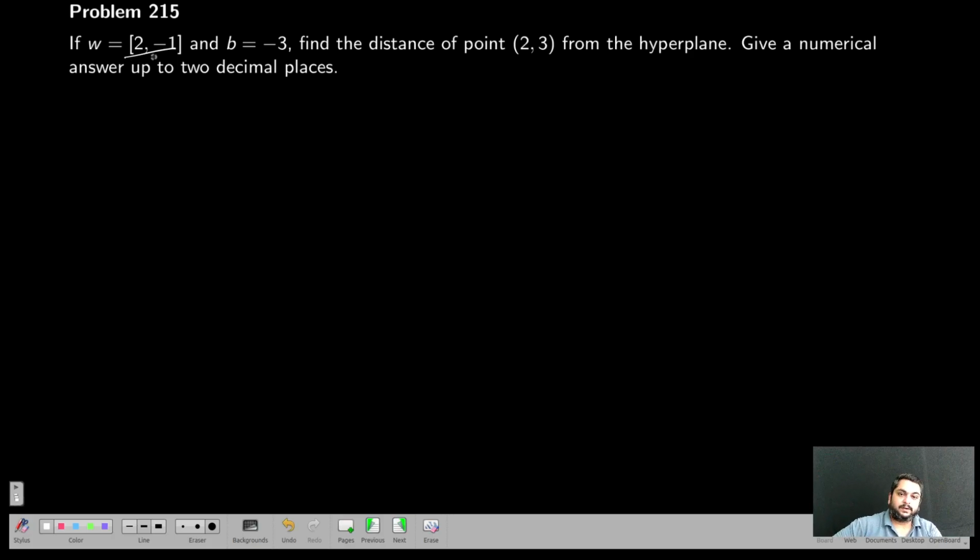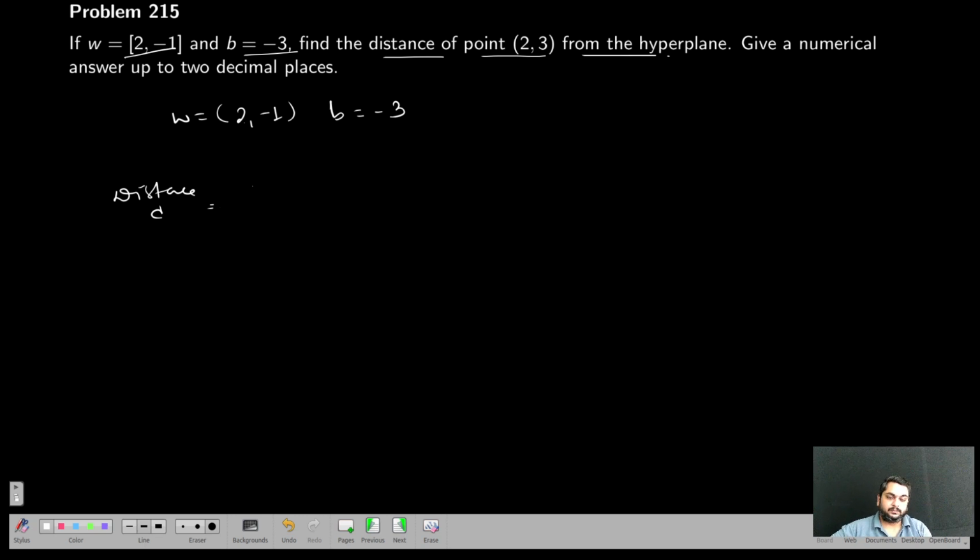If the weight vector is this and the intercept is given as -3, find the distance of the point (2, 3) from the hyperplane. They are given W equal to (2, -1), b equal to -3. So how will you solve this? You already know the distance D is equal to the absolute value of the hyperplane equation divided by the norm of the weight vector. So now you calculate this.